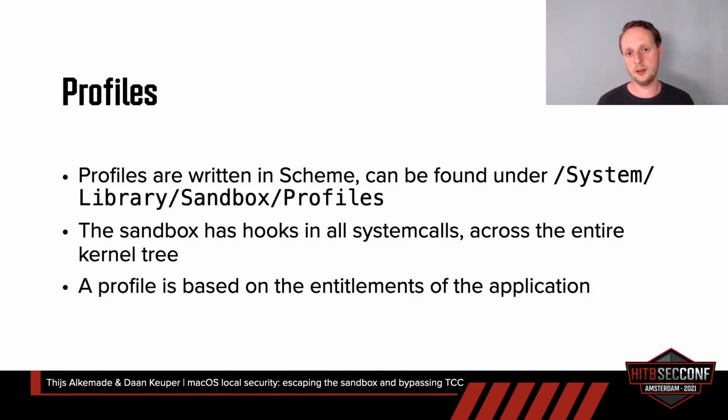Across the entire kernel tree, you will see calls to check if the specific system call is allowed within the current sandbox profile. And the profile is based on the entitlements of an application, as some kinds of entitlements require some additional sandbox exceptions.